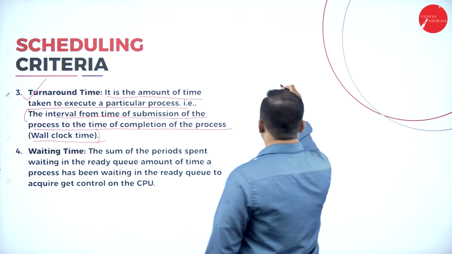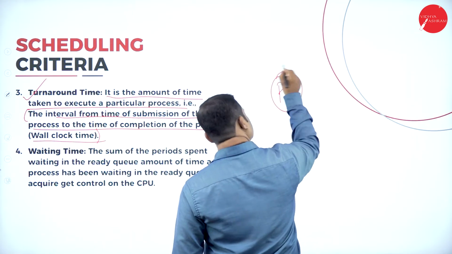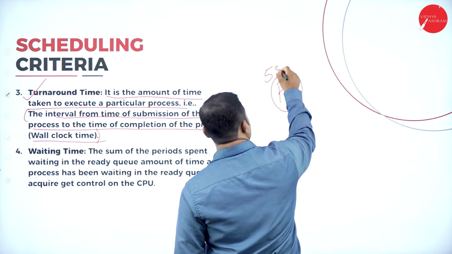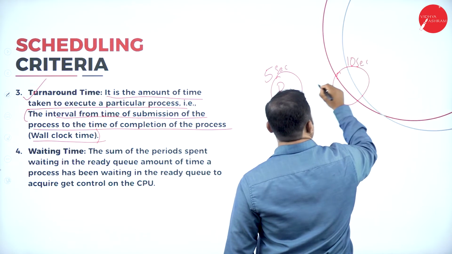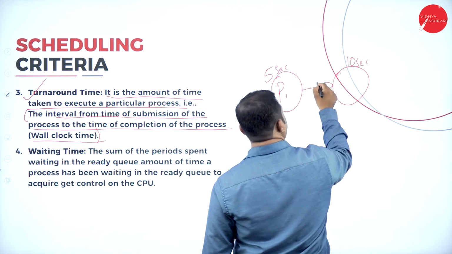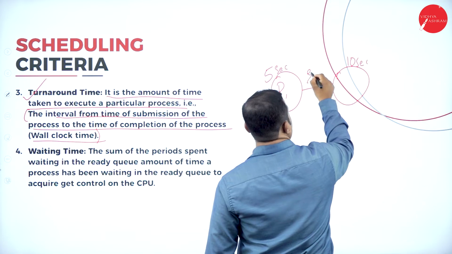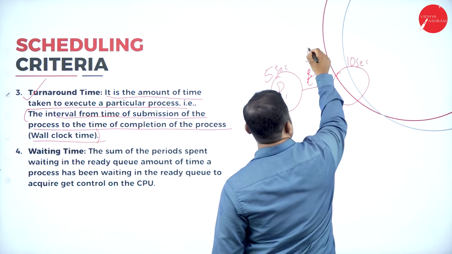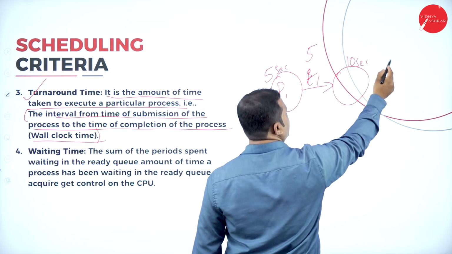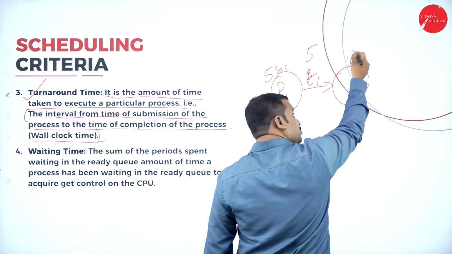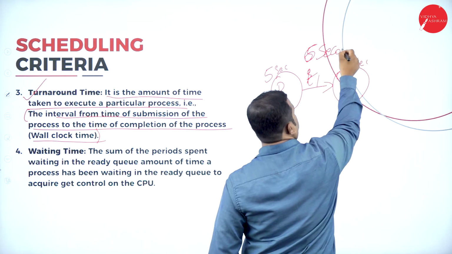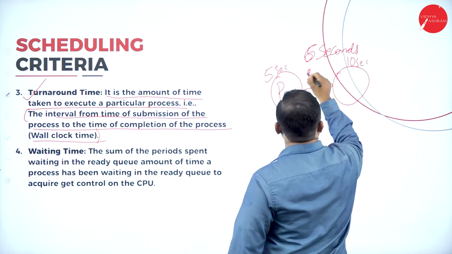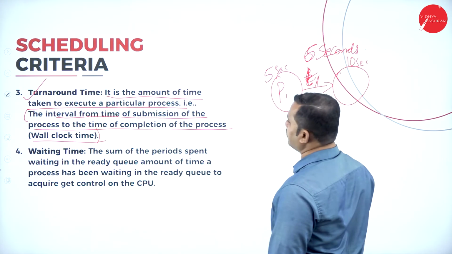Suppose process P1 starts its execution at the 5th second and completes its execution at the 10th second. Then what is the time taken to complete the task T1? 5, 6, 7, 8, 9, 10. It includes the 10th second, so it becomes 6 seconds to complete the execution of task T1.